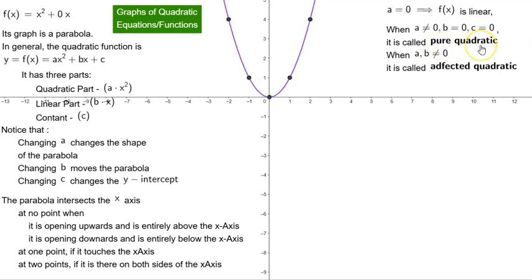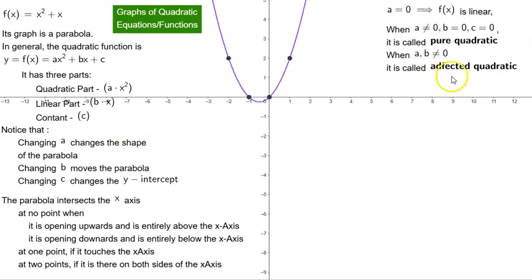It is called pure quadratic because only the term with degree 2 is there. When a and b are not equal to 0, so let's make b equal to 1. It is called affected quadratic.